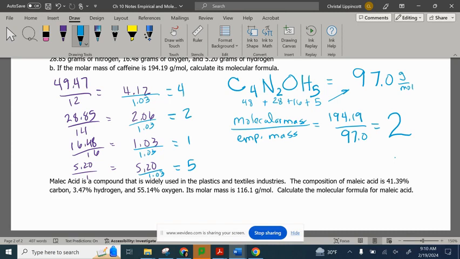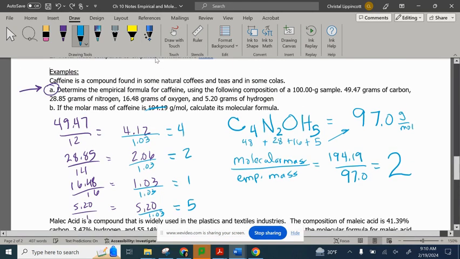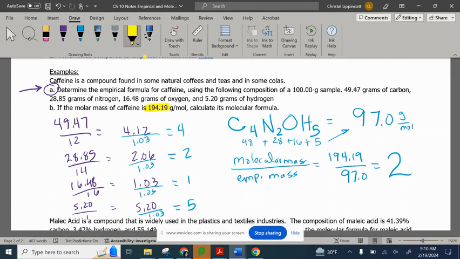This is the mass of this empirical formula. The molecular mass they gave us in the problem right here. So this is your empirical mass, and I divide those two out and I get a 2.